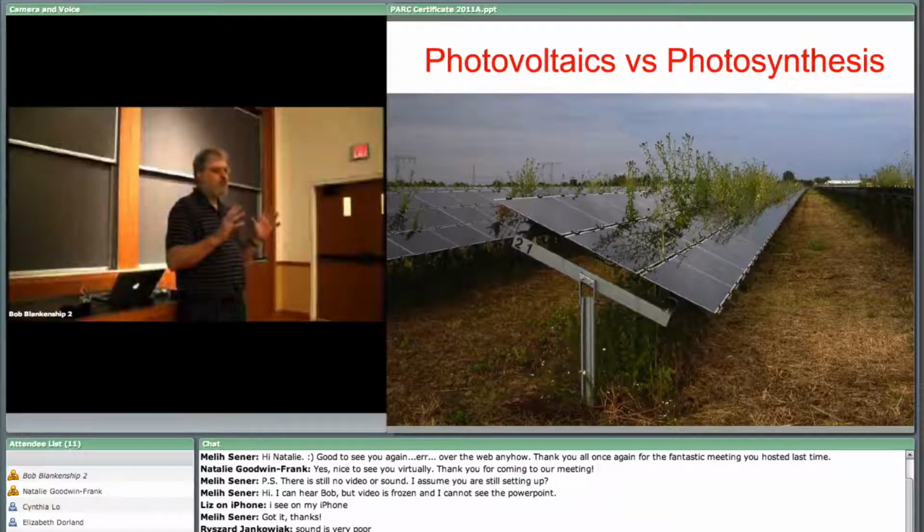And so we can make all these changes in the system that are designed to improve the efficiency and develop higher energy production in various systems. That's one of the things that PARC is doing and a lot of other people are doing.